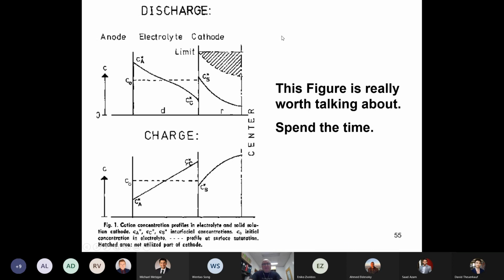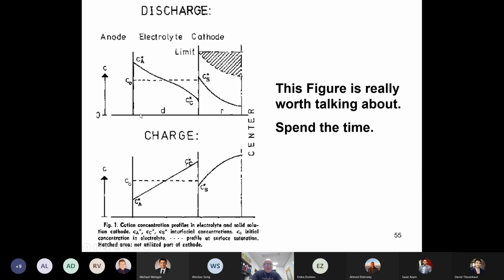And now my slide says this figure is really worth talking about. Spend the time. So I will. Okay. So let's talk about this. What do we have happening here? So what he's plotting along the horizontal axis is the position from the lithium metal negative electrode through the electrolyte.